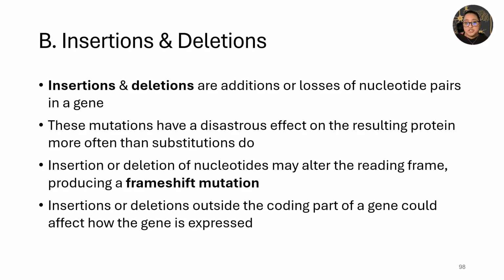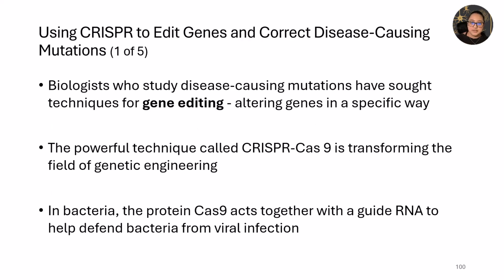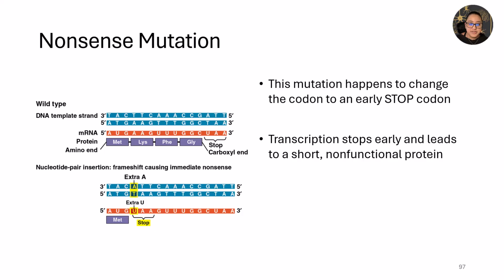And then insertions or deletions outside of the coding part of a gene could affect how the gene is expressed. Oh, I guess there's no... I thought I had a figure. But say, for example, this is the wild type. Say all of a sudden there was a T inserted between here.